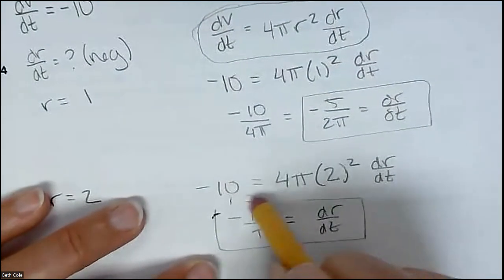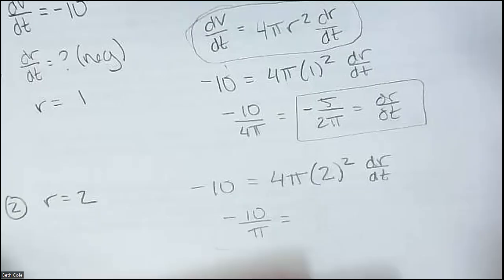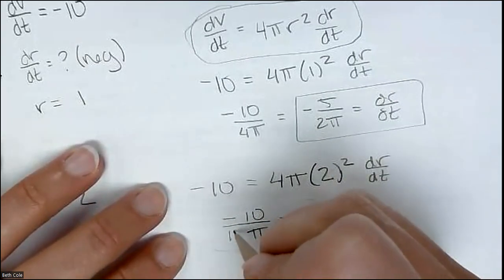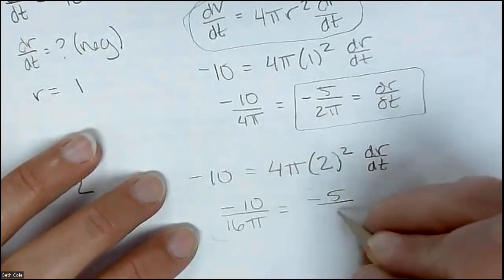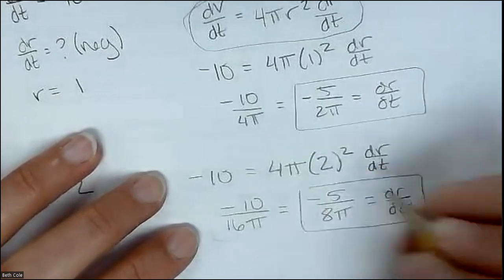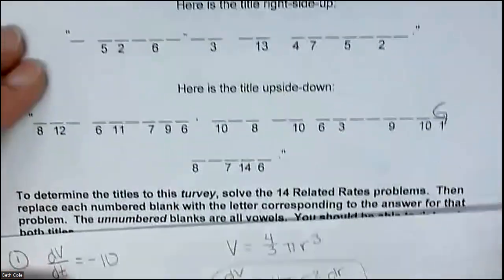I'm sure you're right, but let me get us all there. That's 16. I was like, oh, they canceled. They both came out to 4. No, 4 times 4 is 16. So yeah, -10 over 16 pi. So what would that be? -5 over 8 pi. Okay, is that on there? L. All right, so for number 2, you can put L, and I think there's a couple 2s up here.